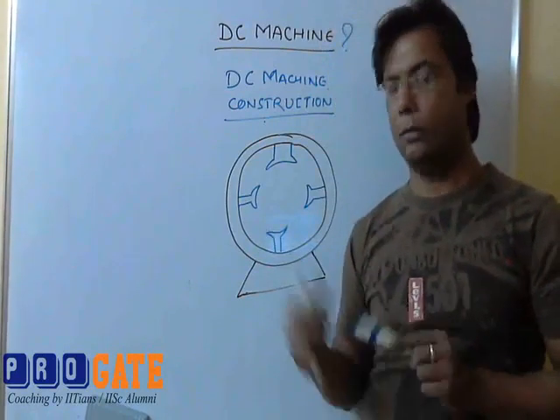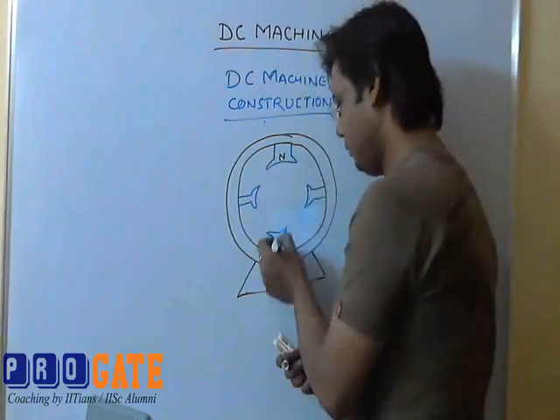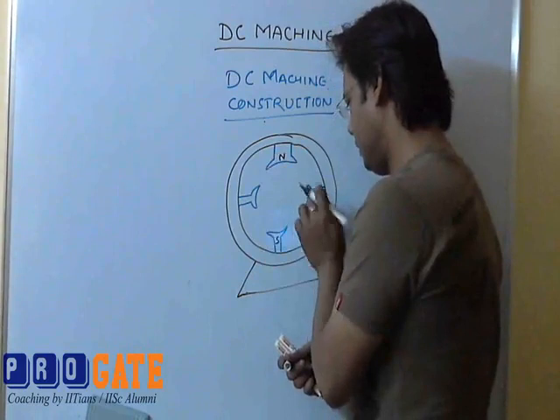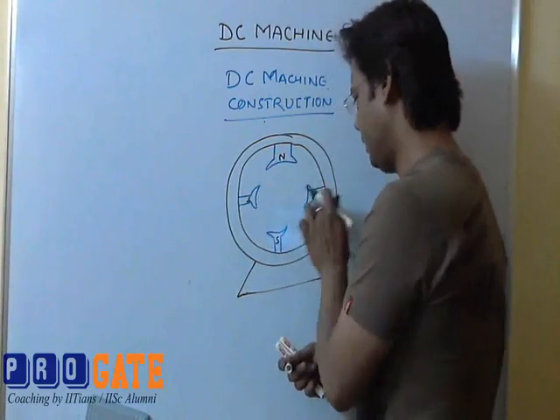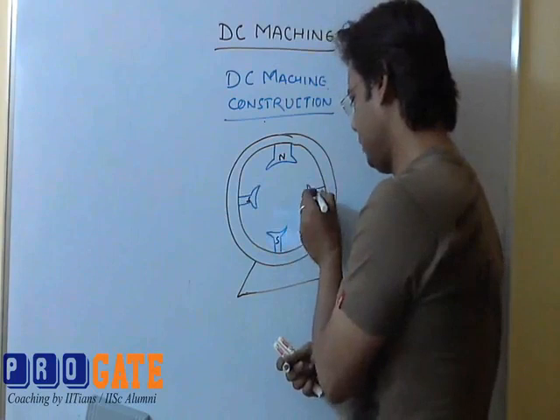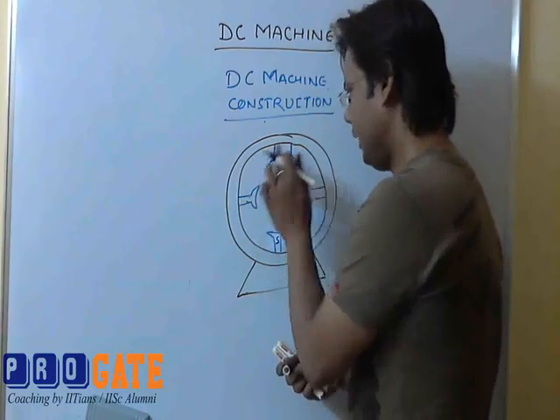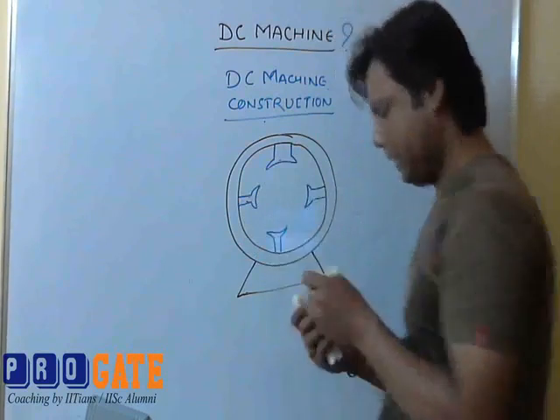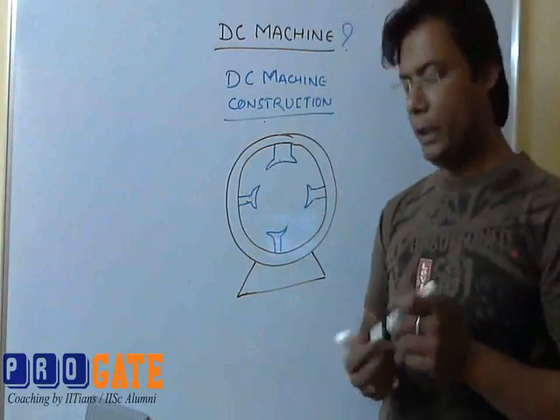So these will be alternating north and south in nature. This would be north, this would be south, and so on. Not going into that first of all. These are called the poles, on which wiring is there.